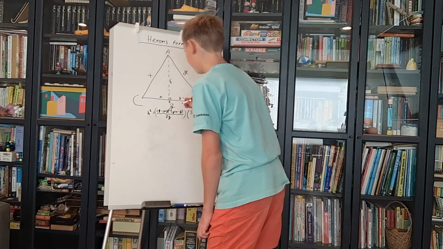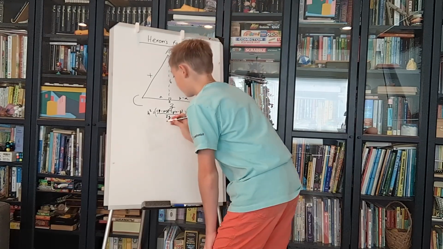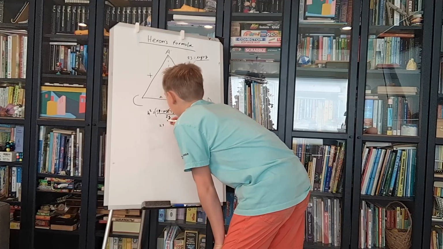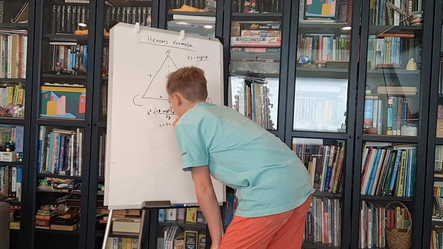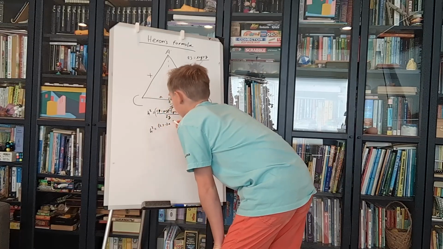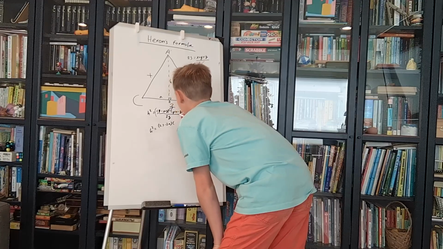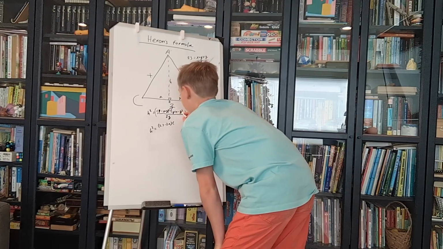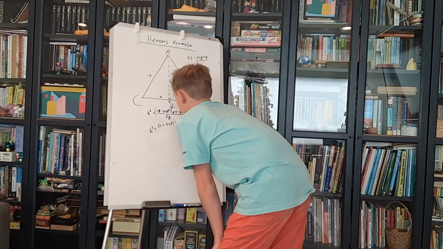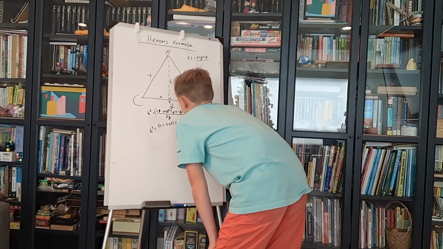So then, because 2s equals x plus y plus c, we get 2s minus 2x, times this, y plus x plus z minus 2z, which is 2s minus 2z.